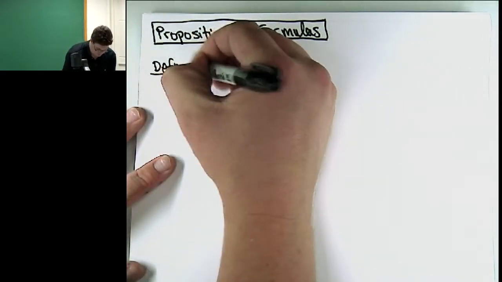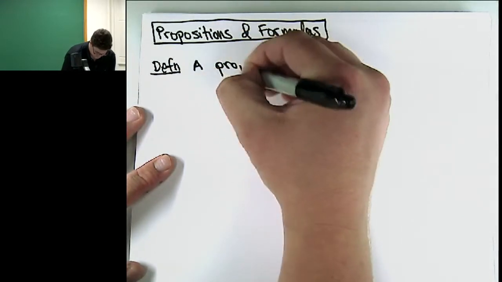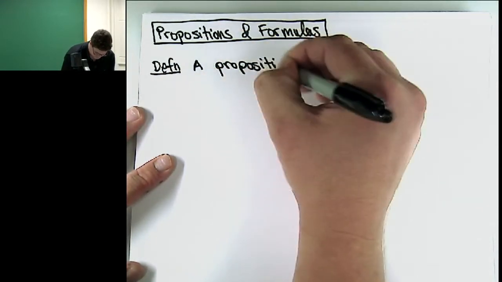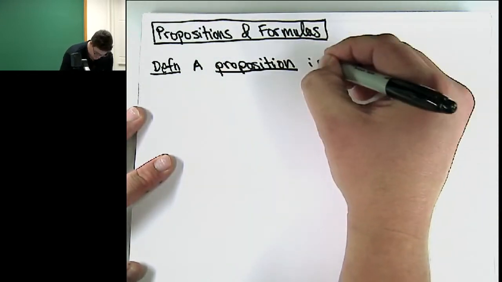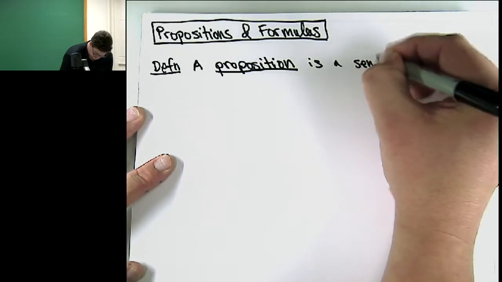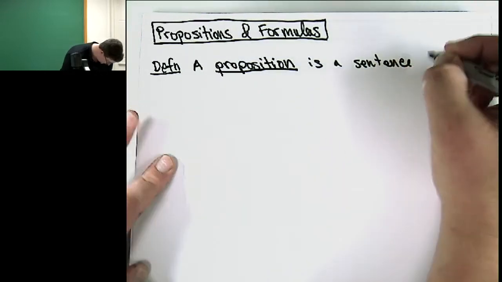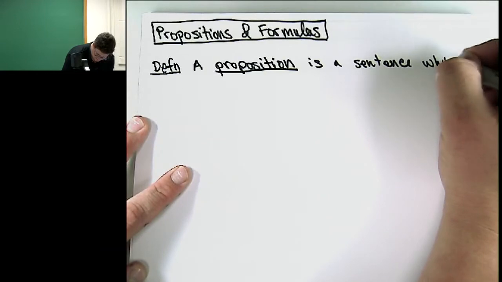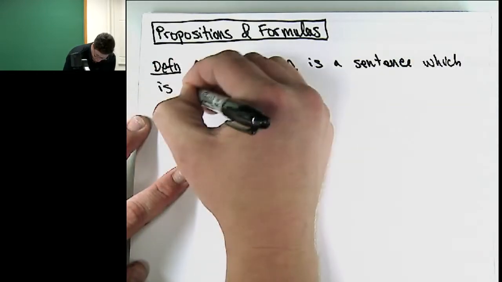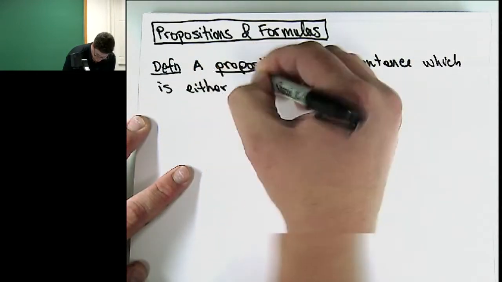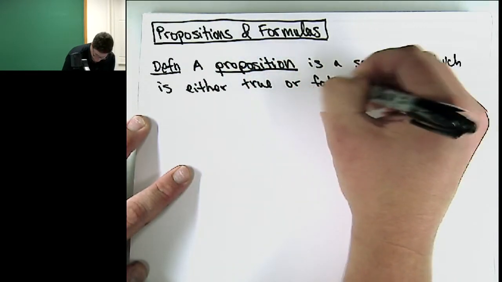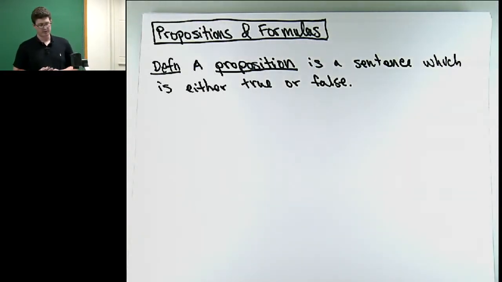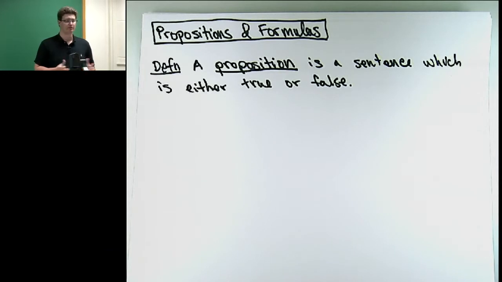So a proposition is a sentence which is either true or false. Okay, so it's a sentence where we can make sense of whether this thing is true or false.